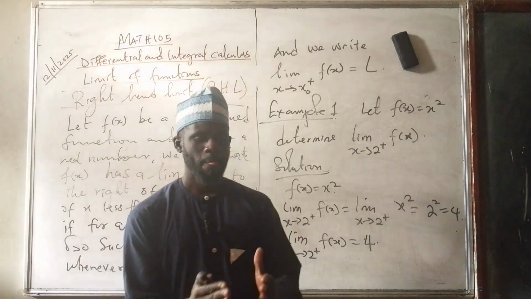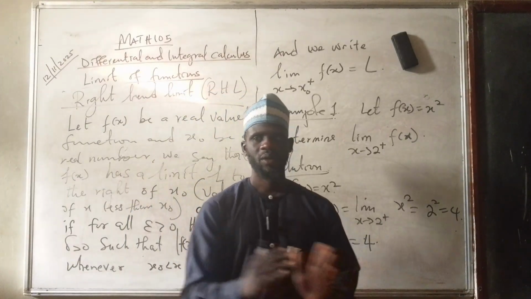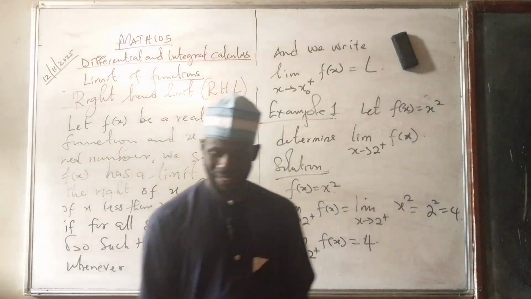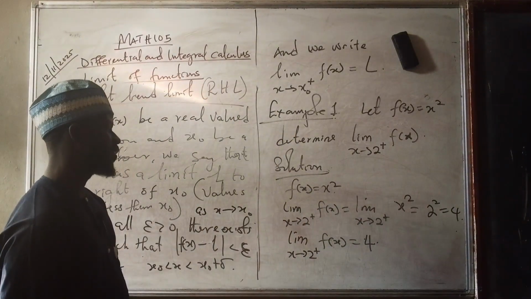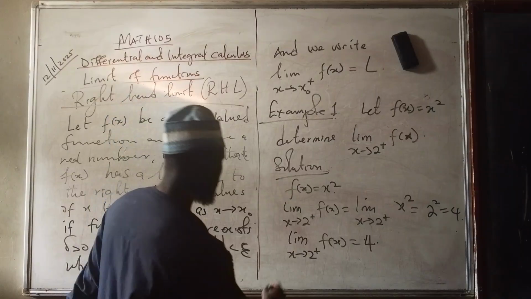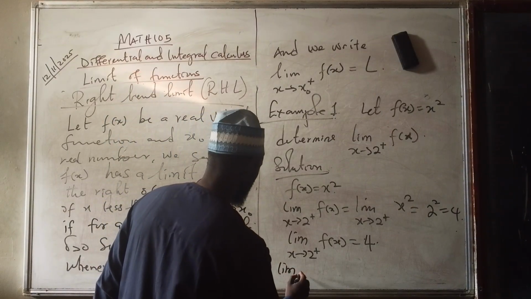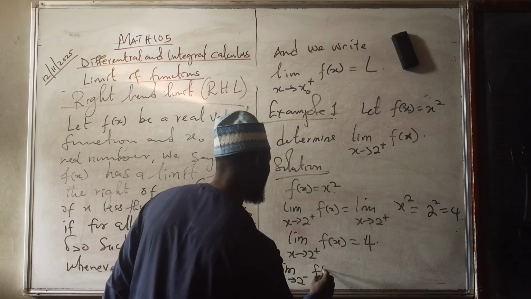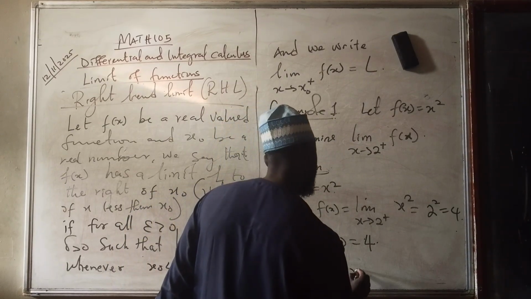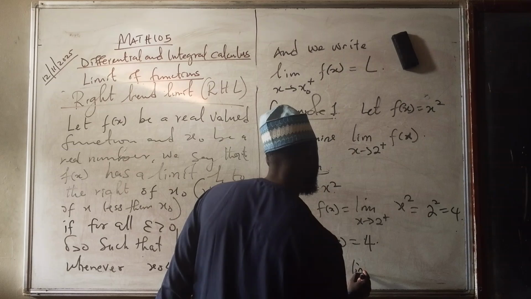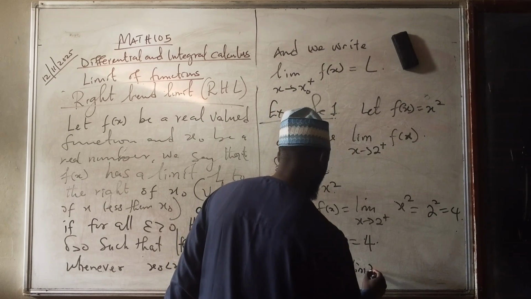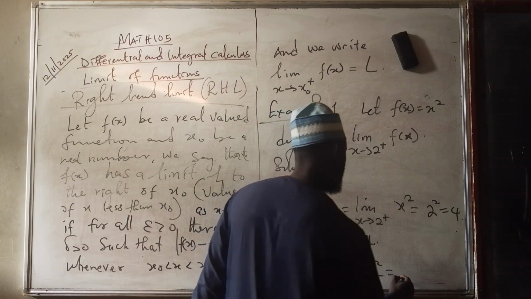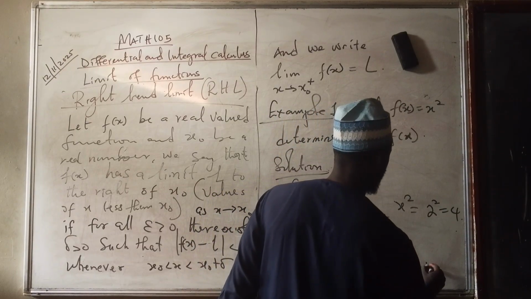Somebody may ask, we have a limit to the left, we have a limit to the right, do they coincide? Yes, they do coincide. For example, here, the limit as x tends to 2 from the left of f of x is the same as the limit of x squared as x tends to 2 from the left, and this is equal to the square of 2, and that is equal to 4.